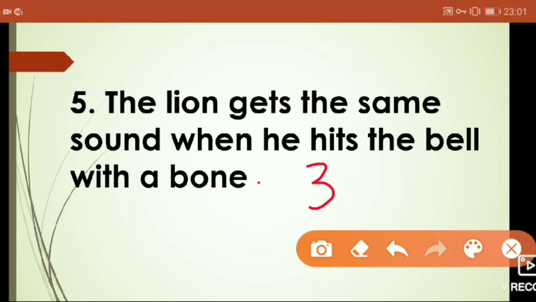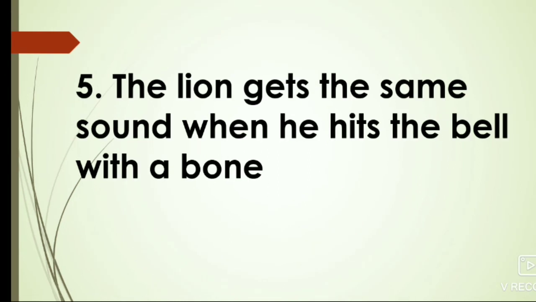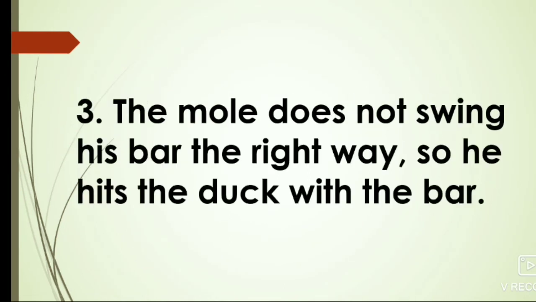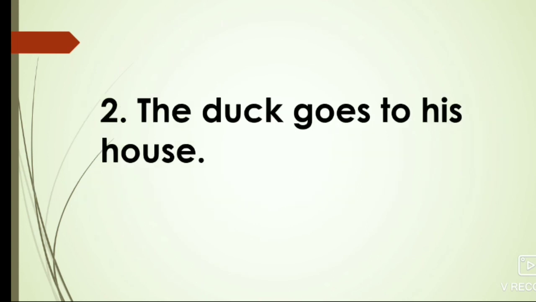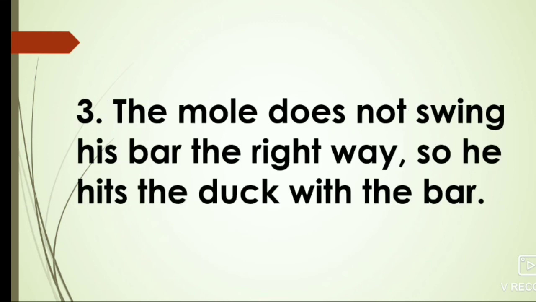Okay, so now we are left with only 2 sentences. The duck goes to his house, or the mole does not swing his bar the right way, so he hits the duck with the bar.